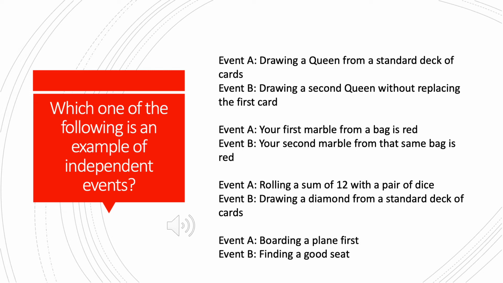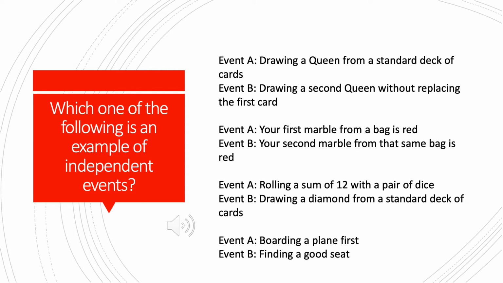Third set, event A, rolling a sum of 12 with a pair of dice. Event B, drawing a diamond from a standard deck of cards. In the fourth set, event A, boarding a plane first. Event B, finding a good seat. So which of these events, or set of events, are independent?